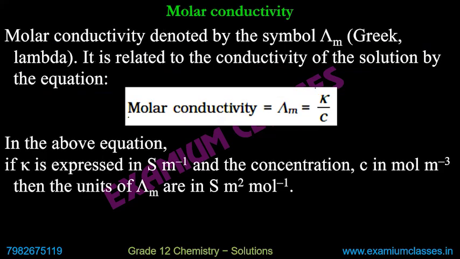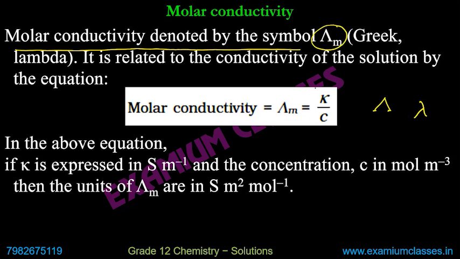Then molar conductivity. Molar conductivity and conductivity are different things. You need to understand it very clearly. When I say molar conductivity, I am talking about the conductivity when we have 1 mole of something. Molar conductivity is denoted by lambda m, capital lambda; lowercase lambda is different.